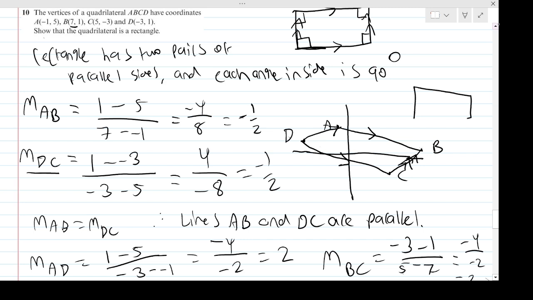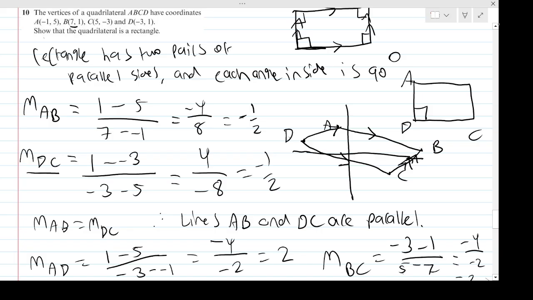Let's draw a rectangle. Awful sketch. I've worked out that this angle, ADC, is 90. It turns out that all angles have to be 90 as a result, without doing any extra work, because it's a parallelogram, as we discussed, all pairs of sides are parallel.